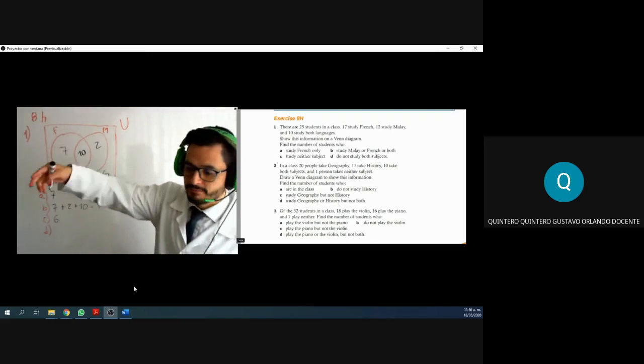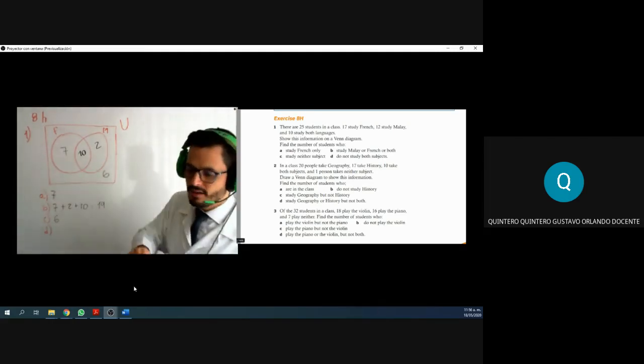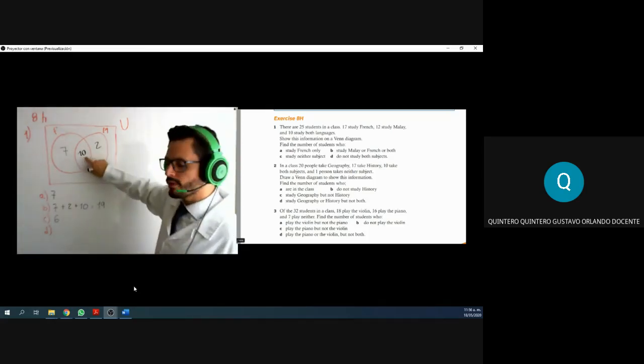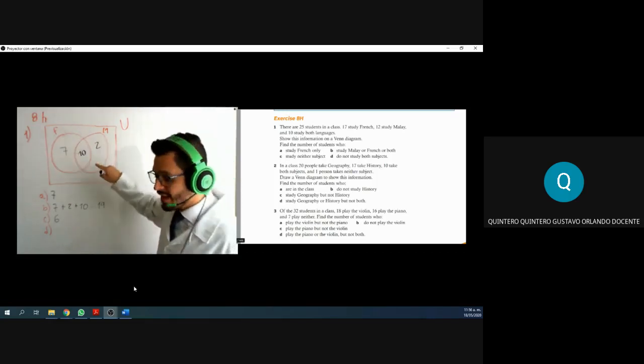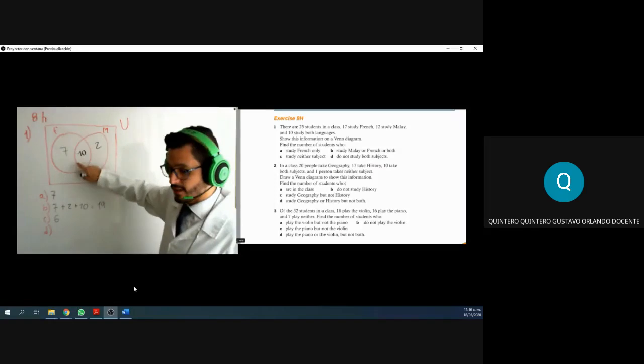Do not whatever. The ones outside of whatever. We are looking for the complement of both. Now, both is this set over here. This is the set of the ones who study both, right? So we are looking for everything else. That is the complement. The ones outside this sector.